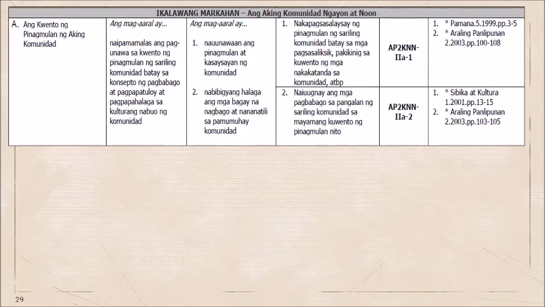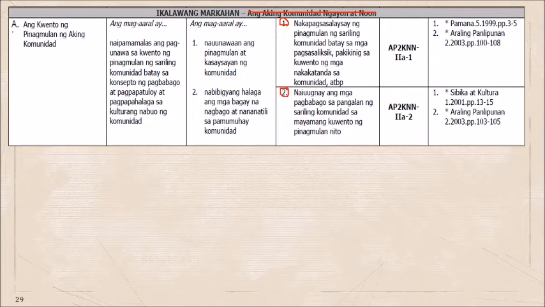Ayan. Yung second quarter or yung ikalawang markahan, diba? Ayan. Ang aking komunidad ngayon at noon. So, it can be broken down into many lessons based sa given learning competencies, 'di ba? Ito yung learning competencies dito. Dito sa unang lesson.